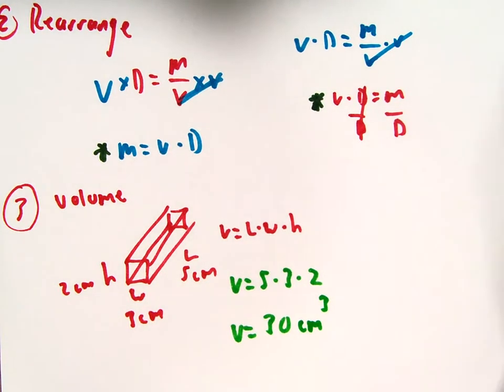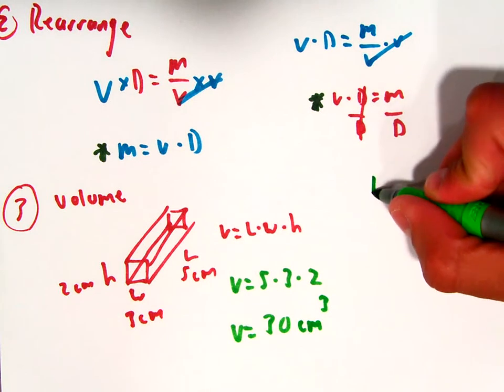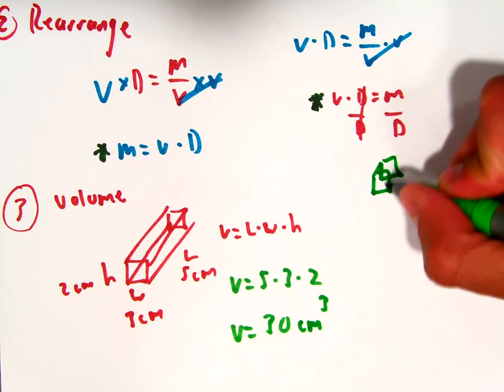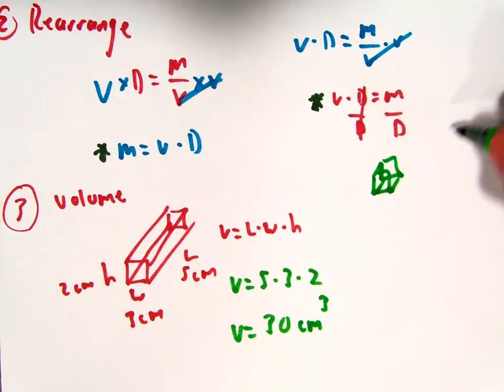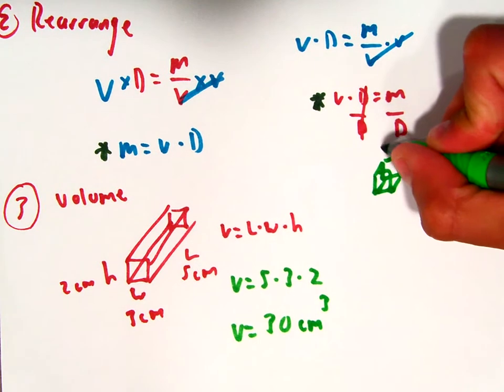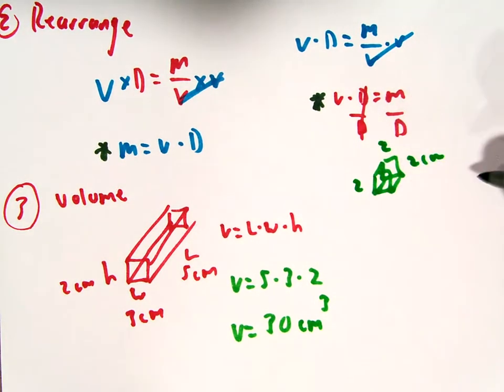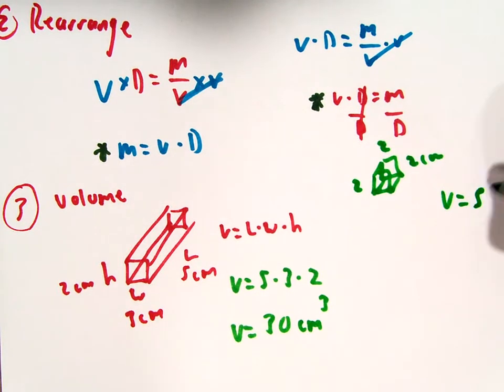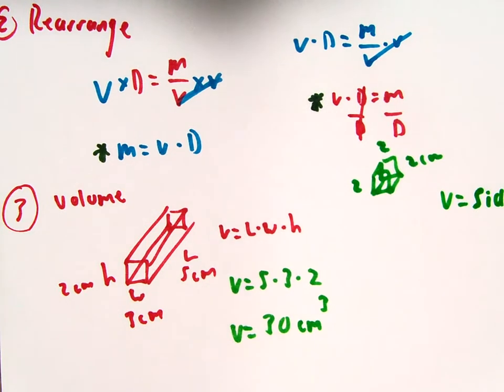Next thing I wanted to bring up is if you ever see a cube, remember, all the sides are the same. So for example, if it tells you that the side of a cube is 2, then that means this side is 2, this side is 2, and this side is 2. In other words, my volume is equal to however big the side is, to the third power.